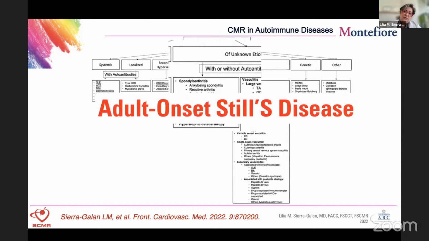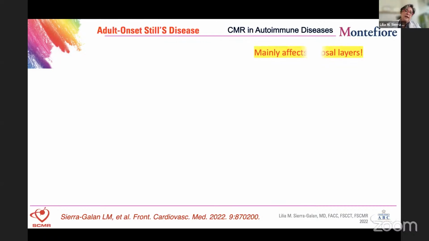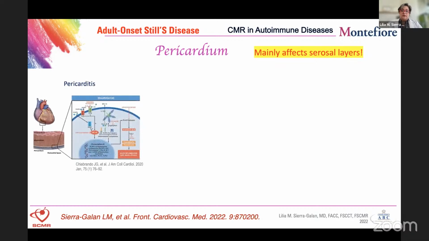Then we are going to talk about adult onset Still's disease, and adult onset Still's disease mainly affects serous layers, such as the pericardium. Again, pericarditis with 30% of affection for these kinds of patients.